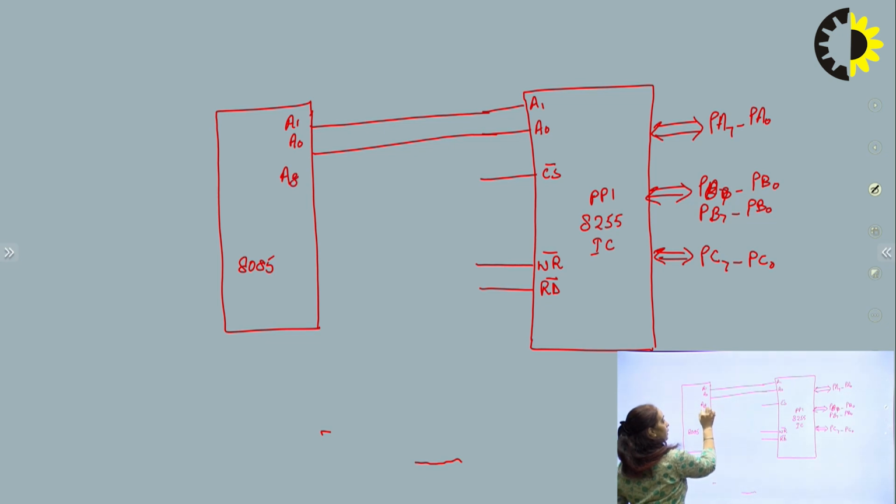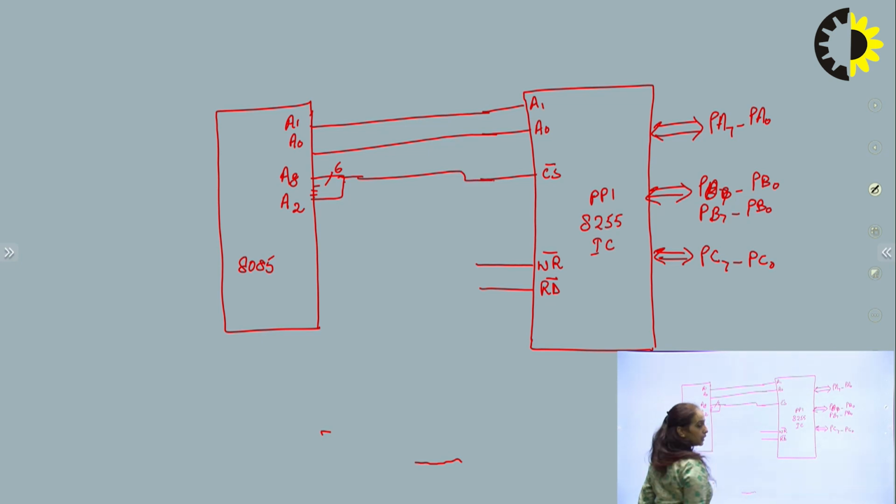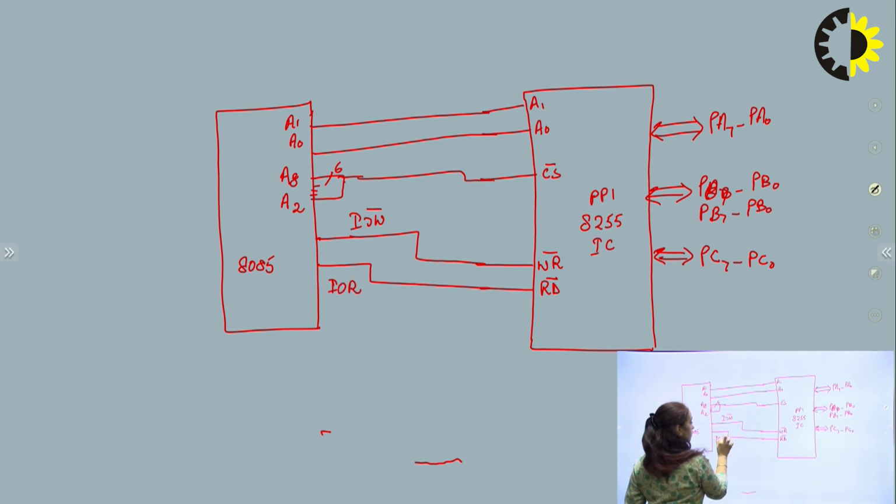So from A7 to A2, all these 6 lines will be connected to the chip select signal, so that the chip select signal can be activated and this IC can be in working condition. The microprocessor will generate IO write bar, which will be connected to IO write bar, and it will generate the IO read bar signal, so that we can read from IO ports.